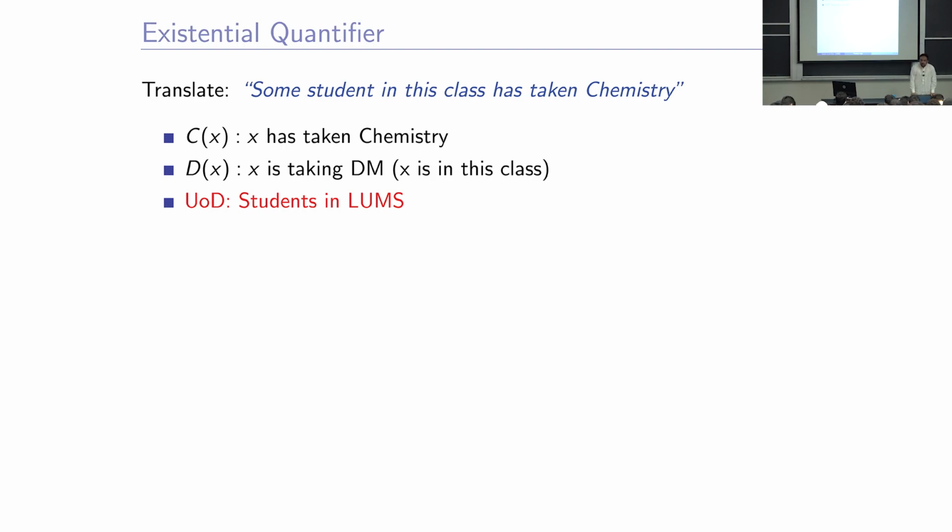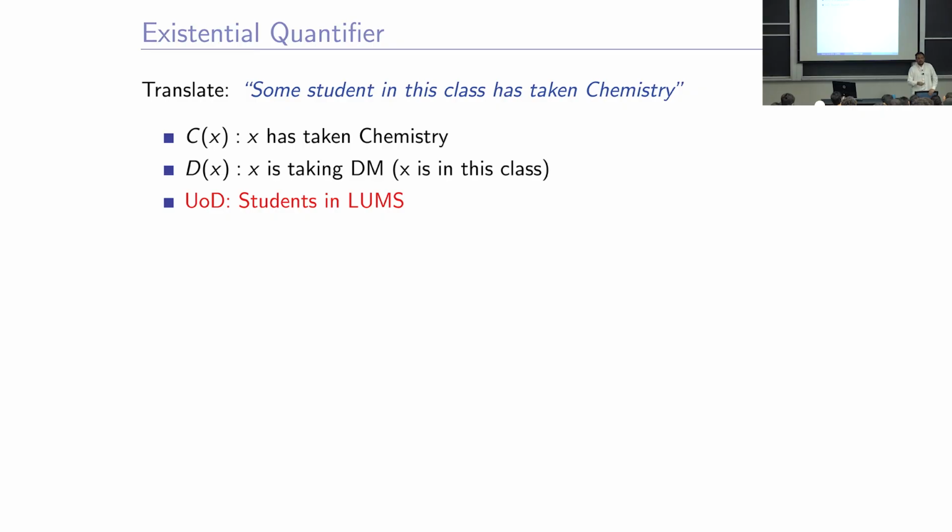For all students in LUMS, there exists an x which has taken chemistry and is taking discrete mathematics. Why is "for all students in LUMS" coming from? Universe of discourse. No, but there exists some student among the students in LUMS. There exists x such that.